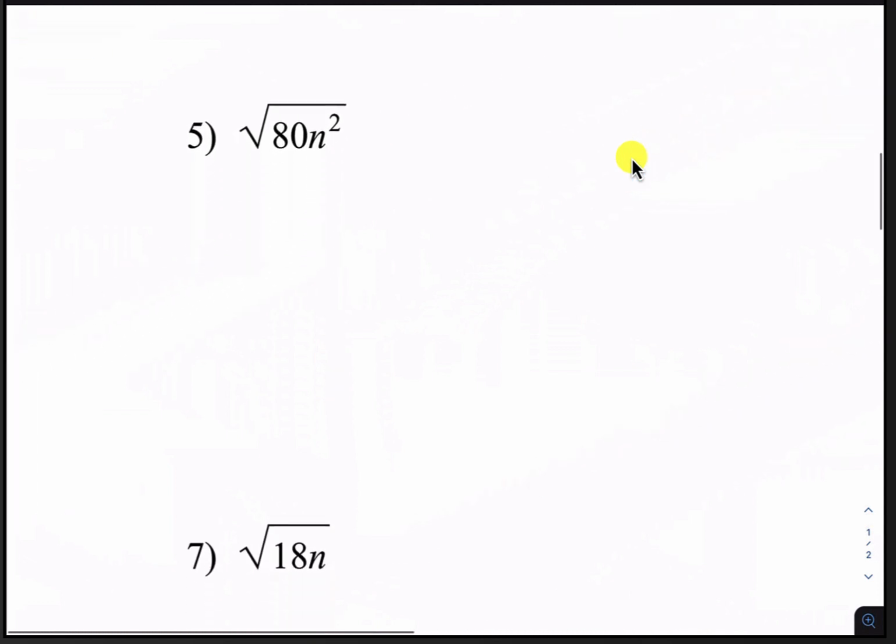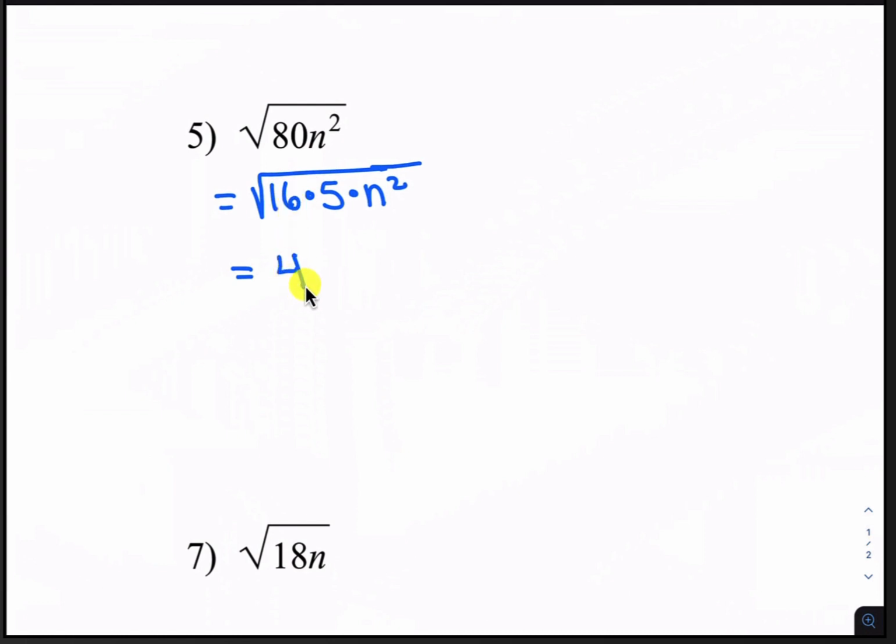Number 5, we have the square root of 80 n squared. Now 80 is not a perfect square, but 80 can be split into 16 times 5. So we have the square root of 16 times 5 times n squared. Now the square root of 16 is 4, because 4 times 4 is 16.